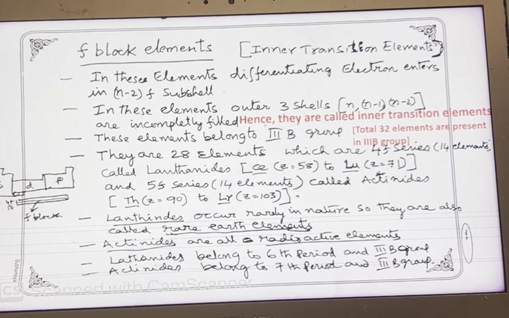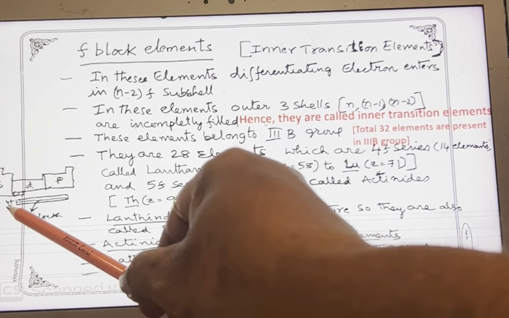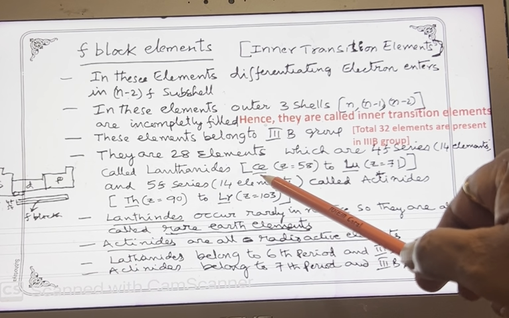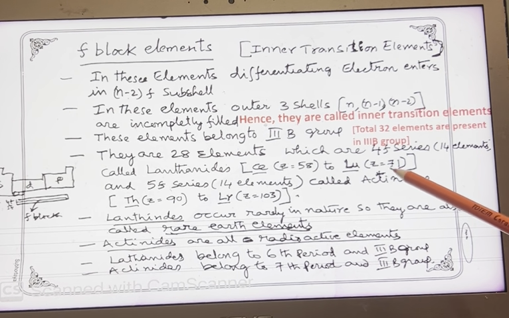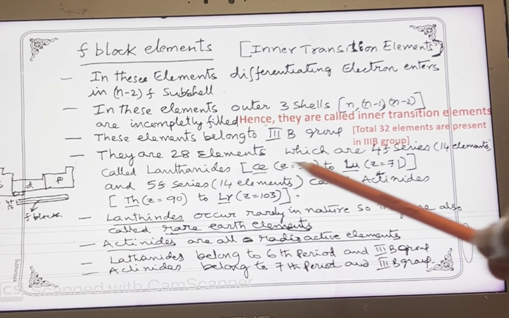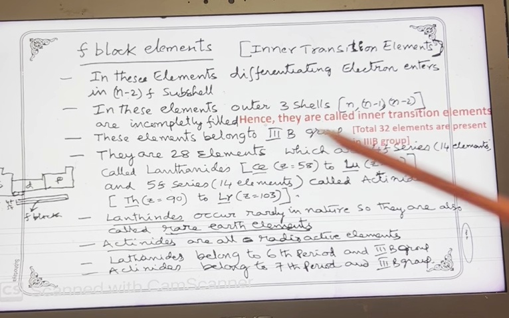Why are they called lanthanides? Because they come after lanthanum, atomic number 57. After lanthanum, the 14 elements come in the periodic table, starting from cerium, atomic number 58, to lutetium, atomic number 71. So a total of 14 elements are present in the 4f series, and those are called lanthanides.